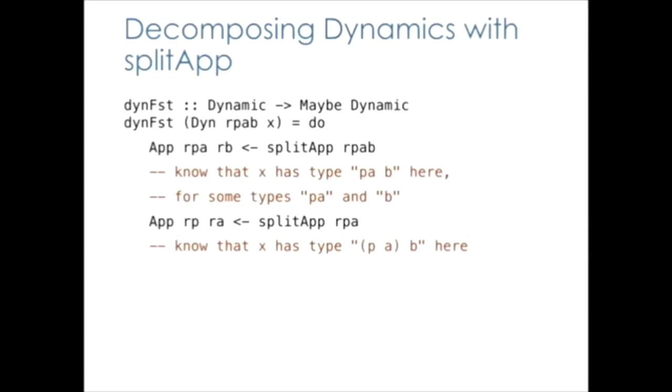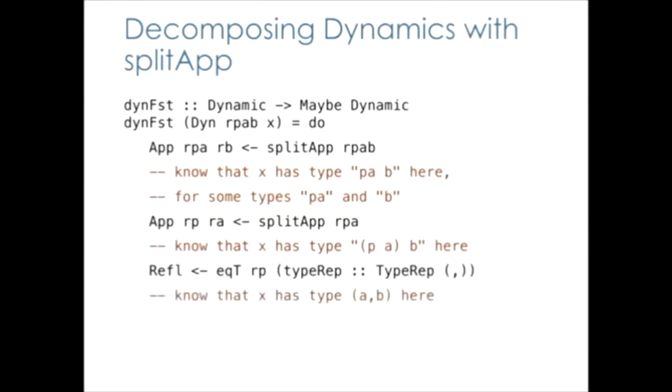And once we've done that, that's the structure of what a pair type looks like. Then we can ask, okay, that first part, that P, our representation of P, is that the representation of the product type constructor? And if it is, then we know that X's type is the product type constructor applied to some A and some B.